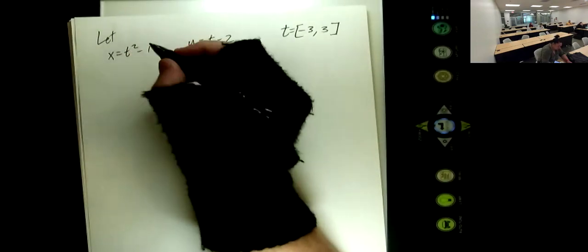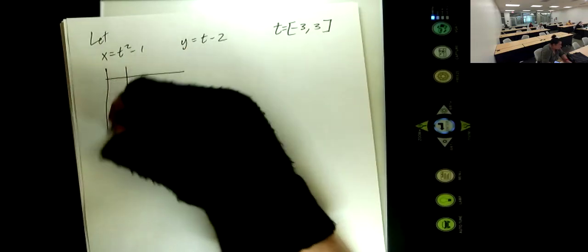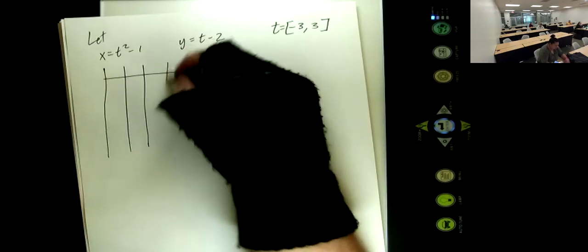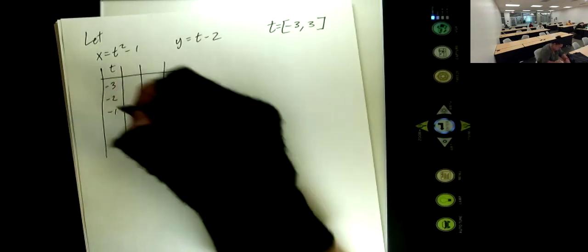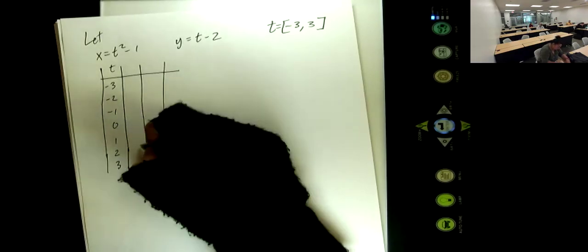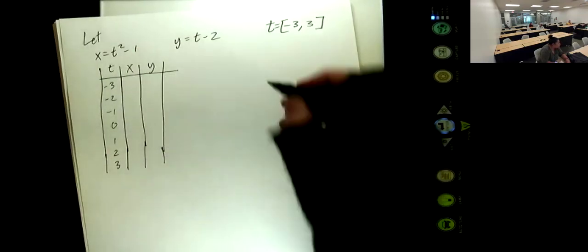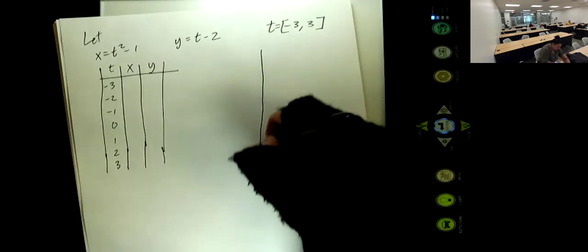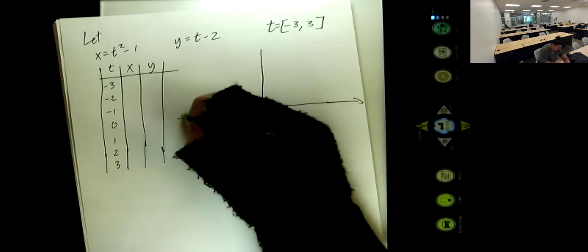We're gonna make a little XY chart, and have t there, and let's just run through them and plot what we get. Let's just do whole numbers. And we'll come over here and make a nice big graph, and we'll plot them as we go.